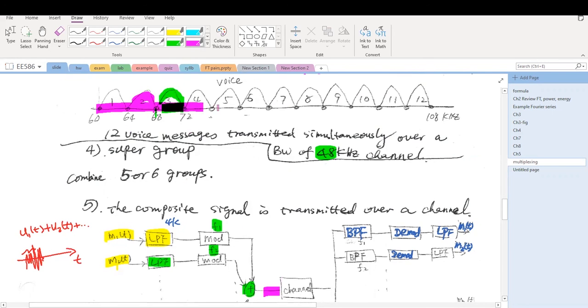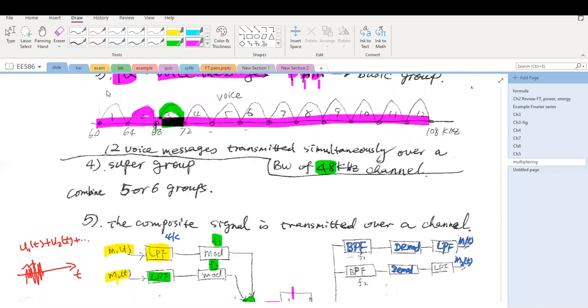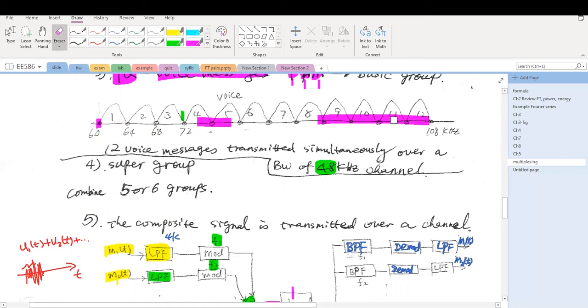Suppose this is my channel. I transmit, and at the receiver, suppose I have an ideal channel. This is the whole signal I received. It contains all of the signals in the frequency domain. To extract the signal for the first user, we need to pass it through a bandpass filter that only filters out this portion.